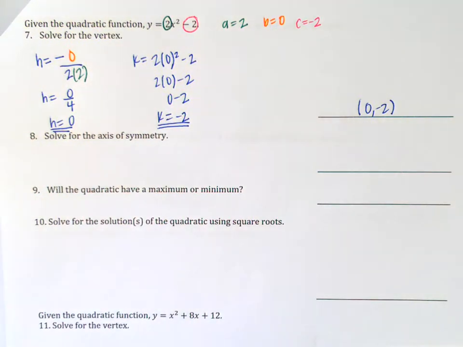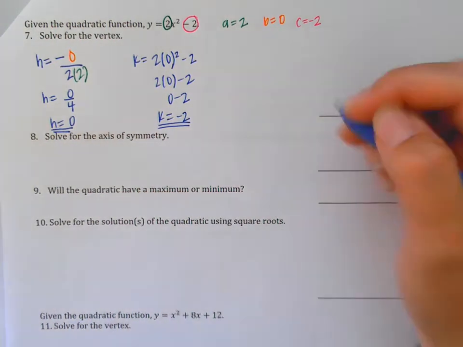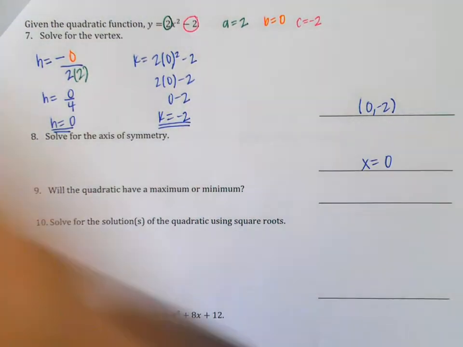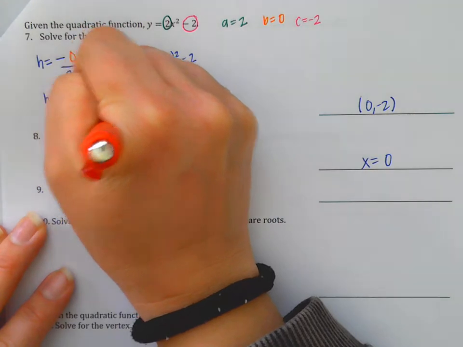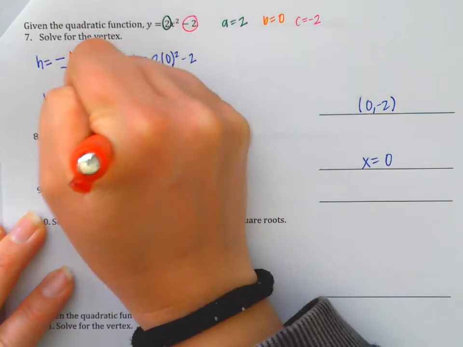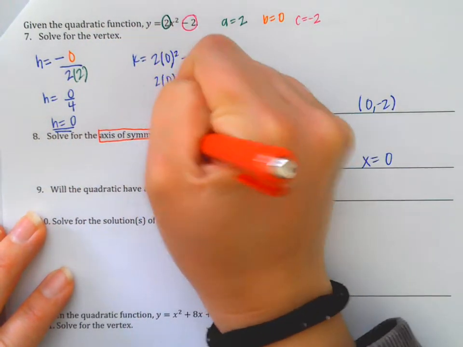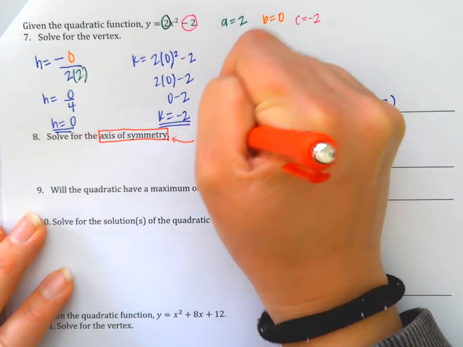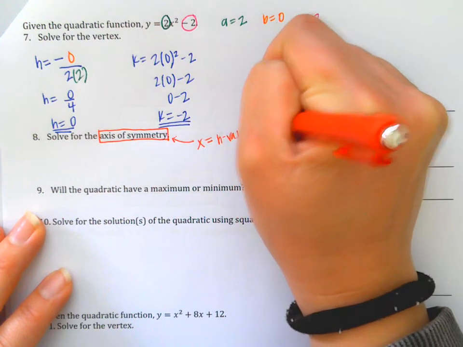And that is it. Okay, so for 8, it says solve for the axis of symmetry. Remember the axis of symmetry, if we have the H value of our vertex, we have the axis of symmetry. The axis of symmetry is just x equals 0. So remember, the axis of symmetry is just x is equal to the H value of the vertex.